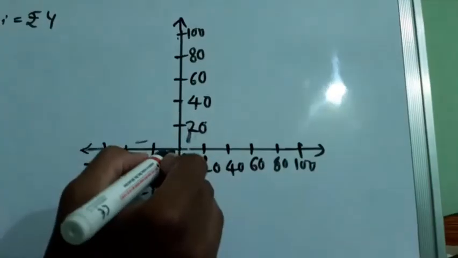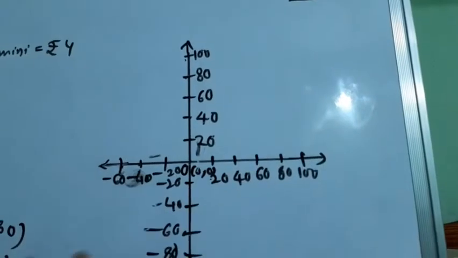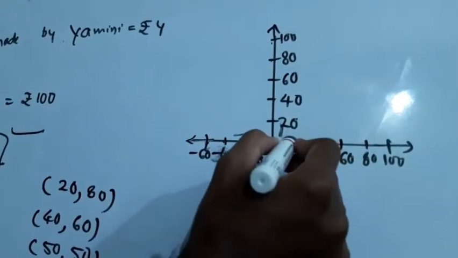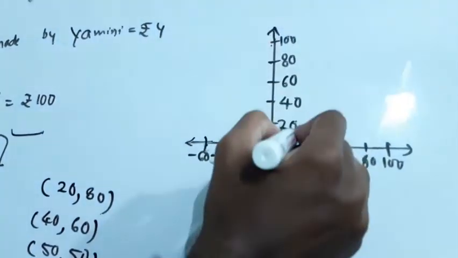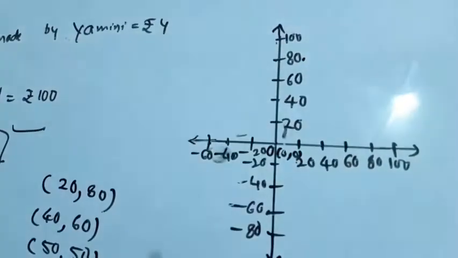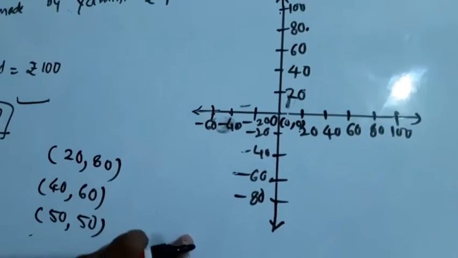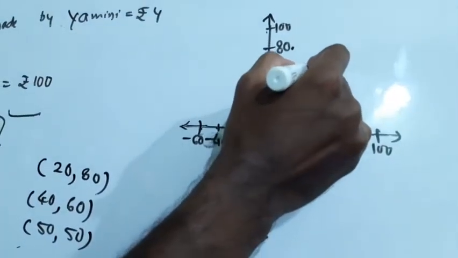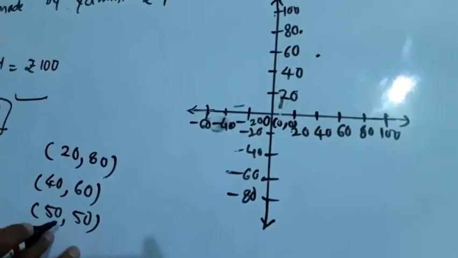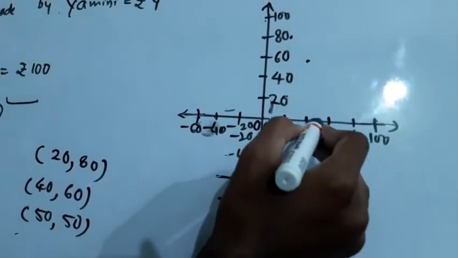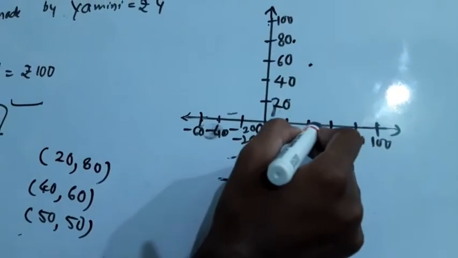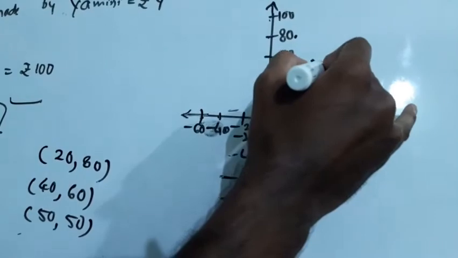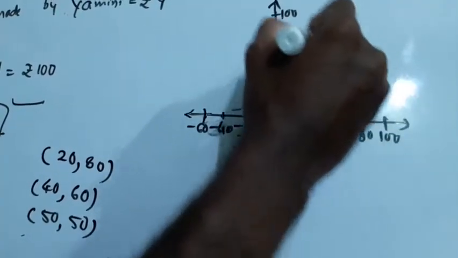This will be the origin. Now first point 20, 80: when x is 20, y is 80. Second, 40, 60. Then 50, 50, which lies in between 40 and 60. So how will the graph be?